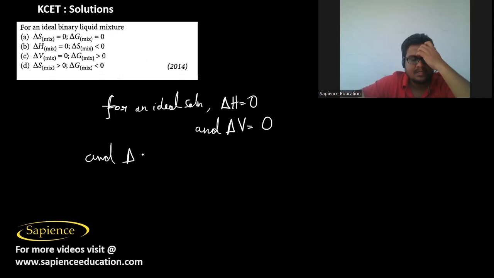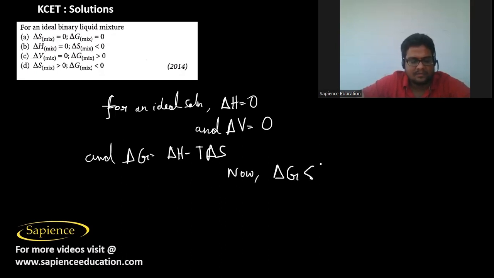And delta G, we know that that is equal to delta H minus T delta S, which is the change in Gibbs free energy. So now delta G should be negative, and the change in entropy delta S should be positive.